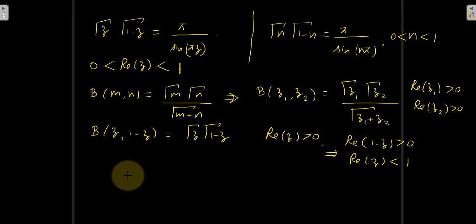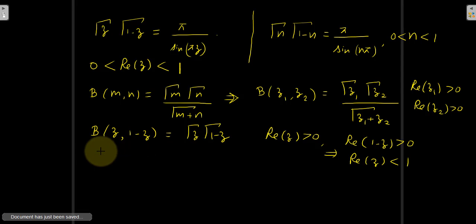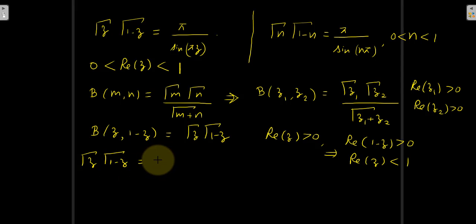Okay. Now, if we use the definition of the beta function here, we can write gamma z gamma 1 minus z as the integration within limits 0 to 1 of t to the power z minus 1, times 1 minus t to the power 1 minus z minus 1, and 1 minus z minus 1 will give you just minus z.